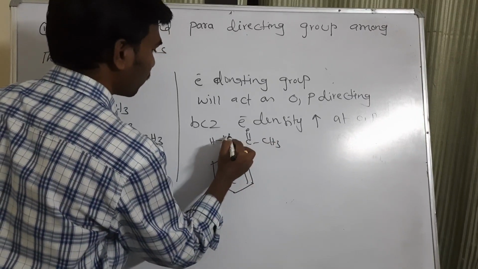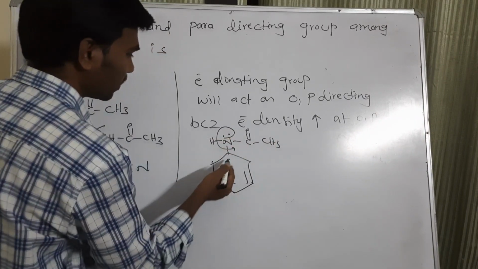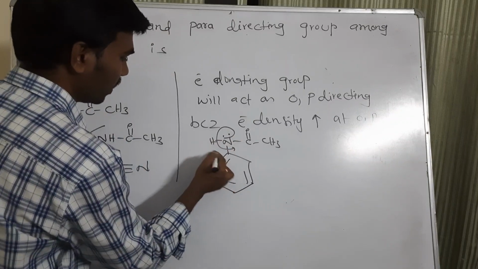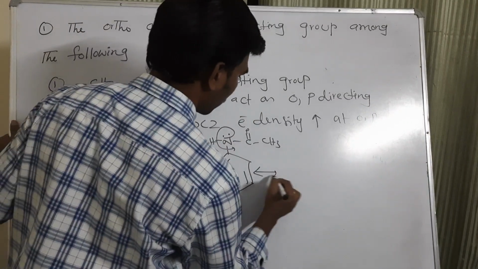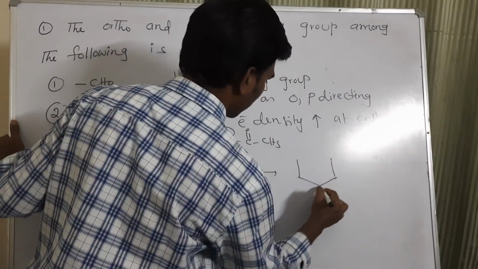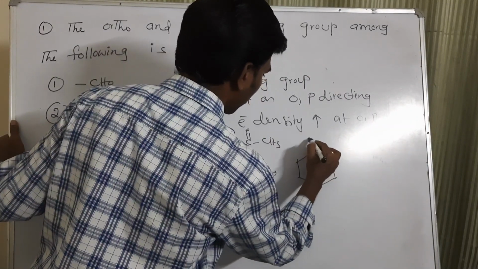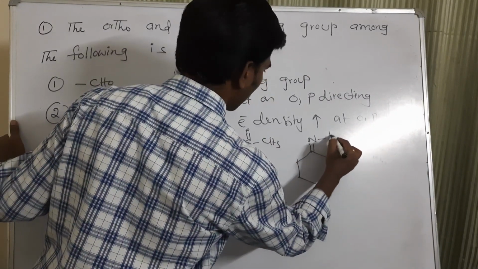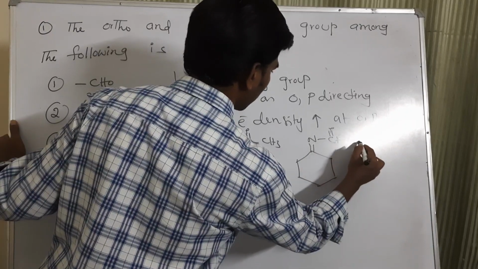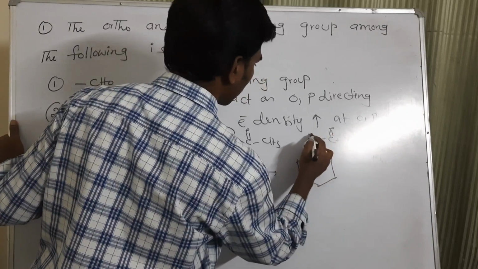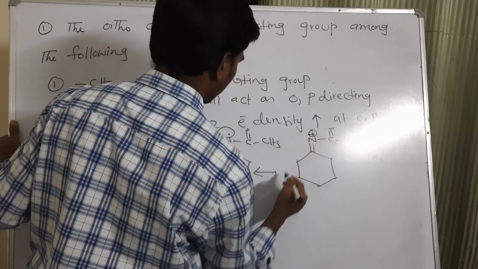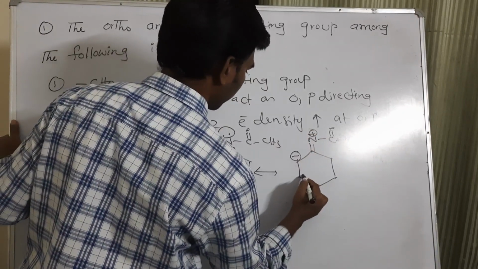Here on nitrogen a lone pair of electrons is there, it will shift like this. When the electron pair shifts like this, this bond will shift like this. So because of that, we get N double bond, C single bond O, CH3, here plus will come, here a negative charge like this.